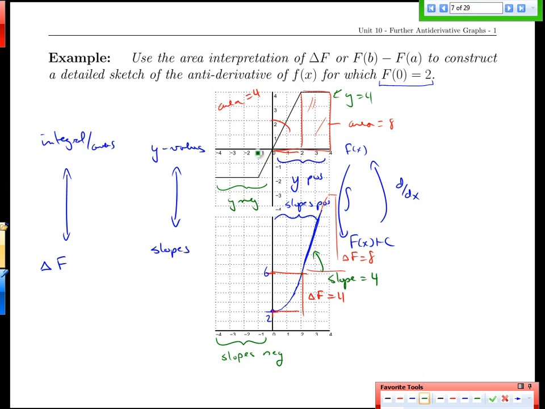But we can actually work through a little more detail and get some grounding points, some anchor points here, by again using the area. The area here is -1, because that's really the integral value. It's below the axis, and it's a 1 by 2 triangle, so the area is 1.